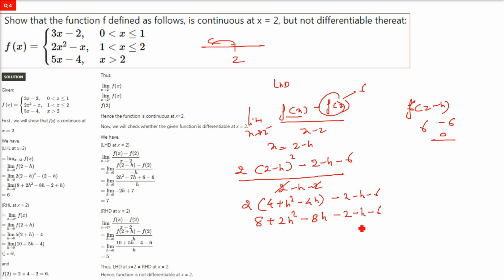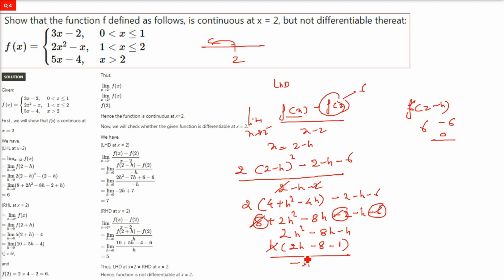Now what do you see here? 8 is there, minus 2 is there, minus 6 is there. So 8 minus 8 is 0, and all these three will vanish. You will get 2h square minus 8h plus h. Now take h common from here. So you will get 2h minus 8 plus 1, and the denominator is minus h.